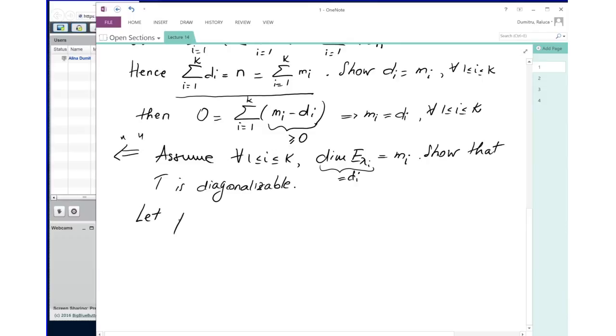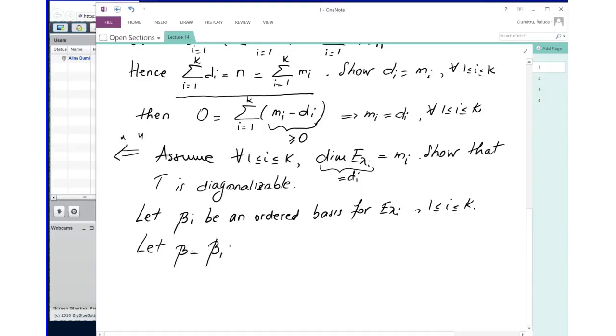So let beta_i be an ordered basis for E_lambda_i. We're going to do this for every i. And we're going to define beta to be the union of all those bases.